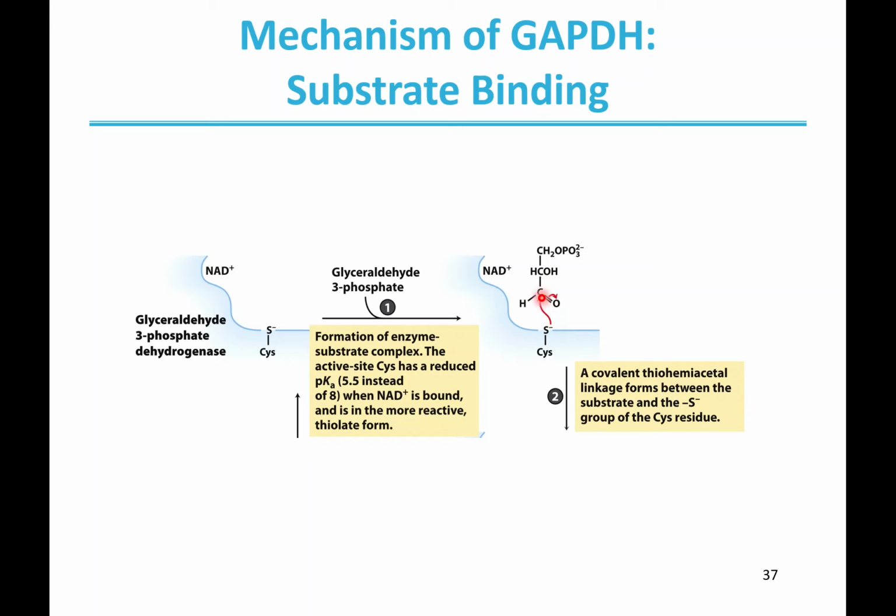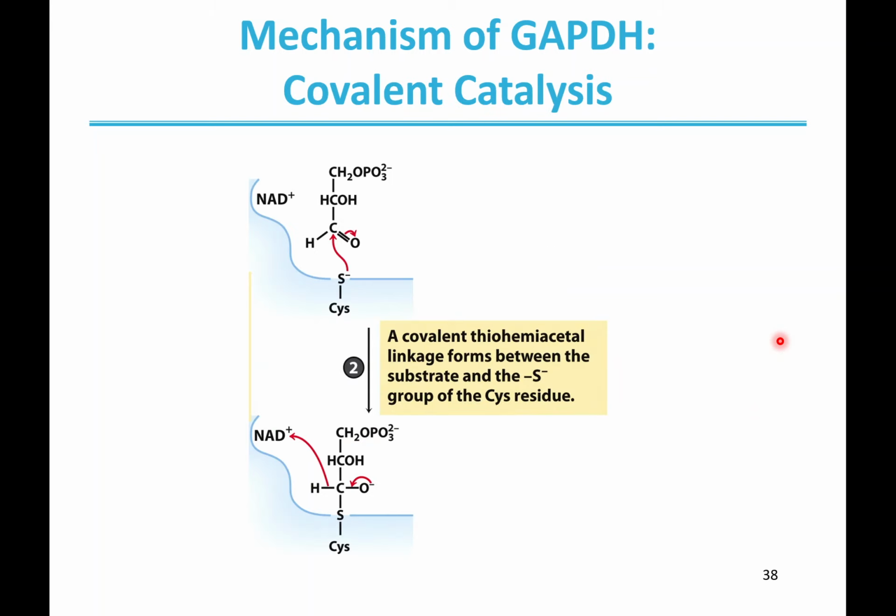But that sulfur is going to attack the carbonyl of glyceraldehyde 3-phosphate, and you produce this covalent intermediate, a thioester intermediate. The proton and the electrons from that bond are then transferred to NAD to get NADH.